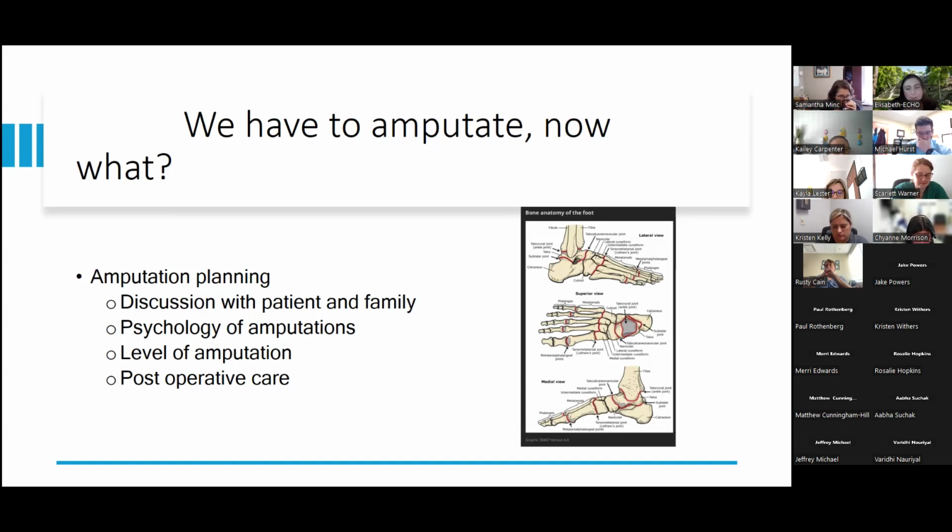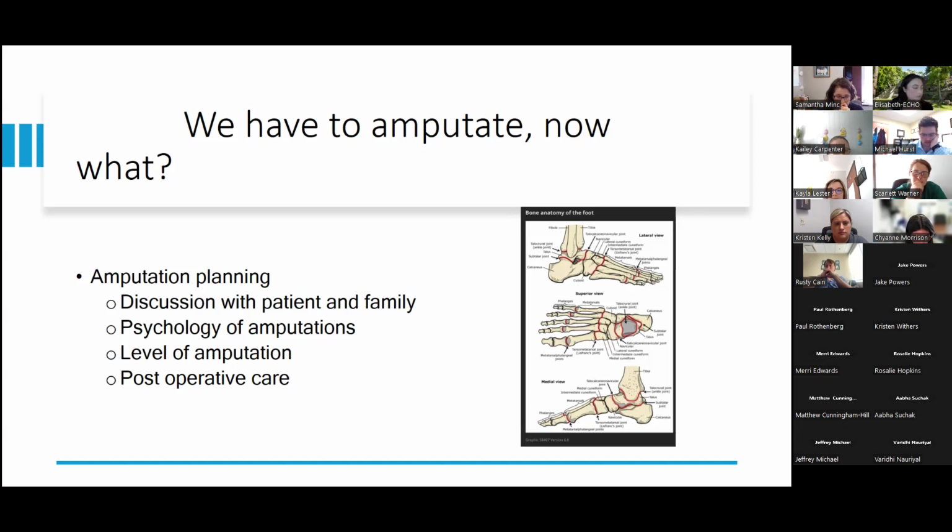And we obviously try everything we can to prevent that, which is the purpose of this whole group. But sometimes it's just better for the patient, or it's a necessity because of that significant infection and/or vascular disease. The psychology of amputations, obviously, again, is that discussion that you're going to have with the patient, and their functional status.